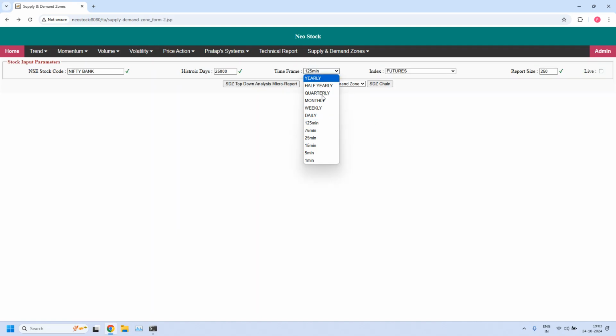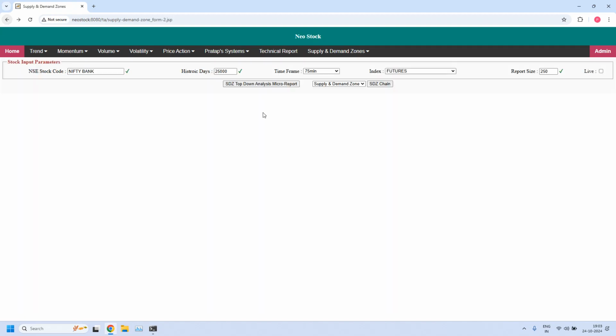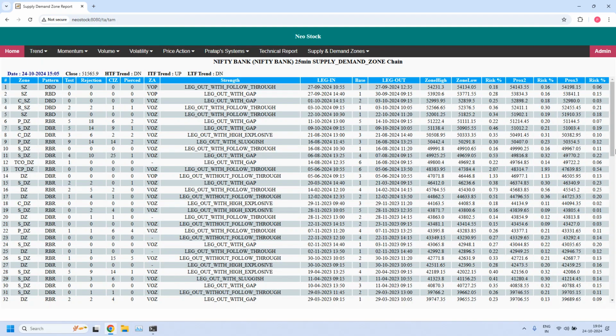Next time frame is 75 minutes, generating the 75 minute supply demand zone chain for BANKNIFTY. Next time frame is 25 minutes, generating the 25 minute supply demand zone chain for BANKNIFTY.